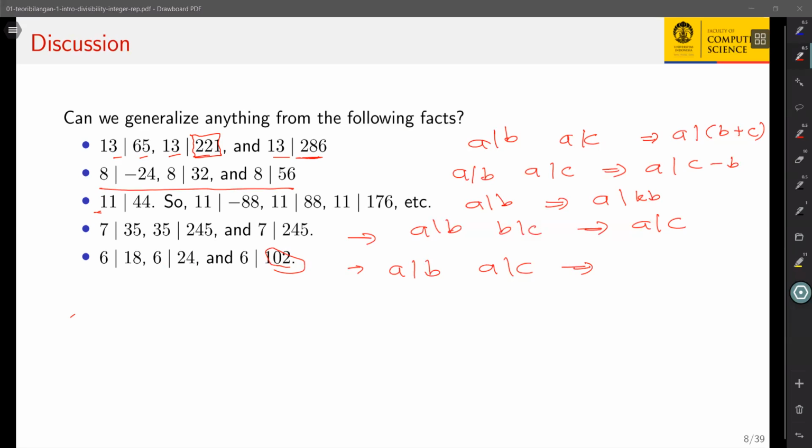What will be 102 in relation with 18 and 24? No one can guess? So let's see.